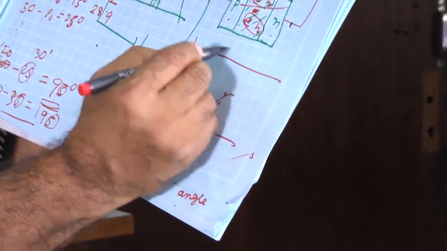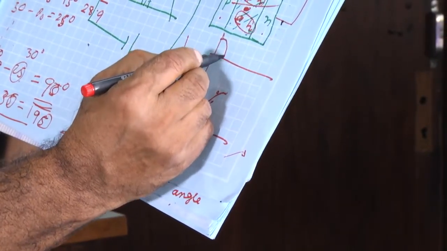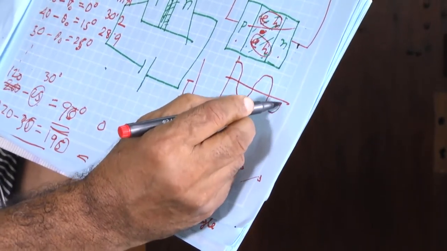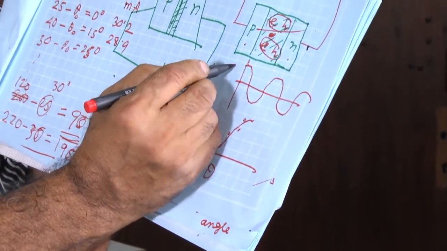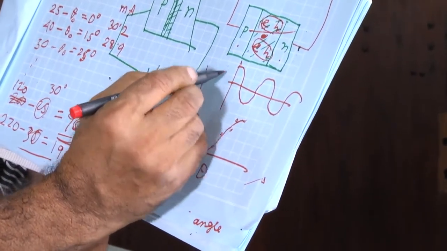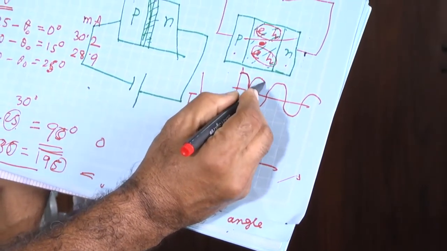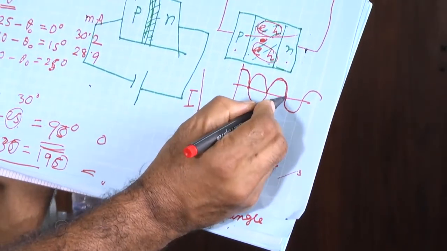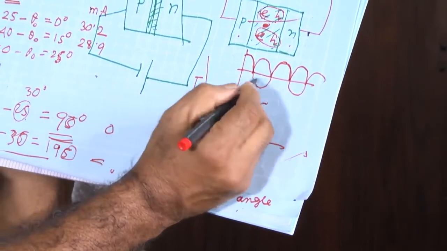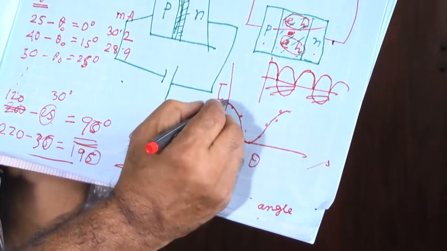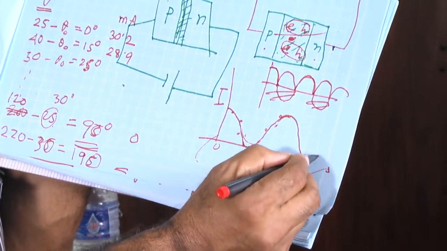You know this is the cos theta graph. When you square it, the negative part will not be there, so you will get this type of curve.